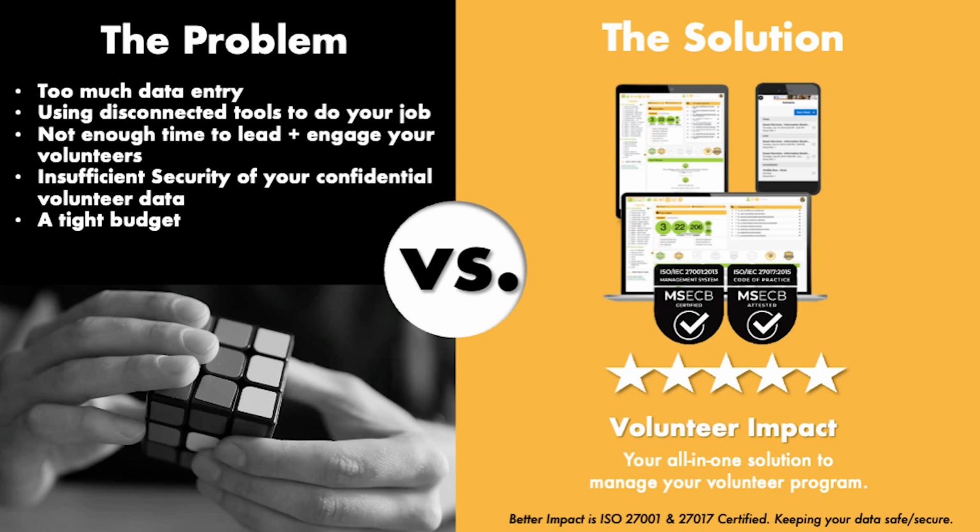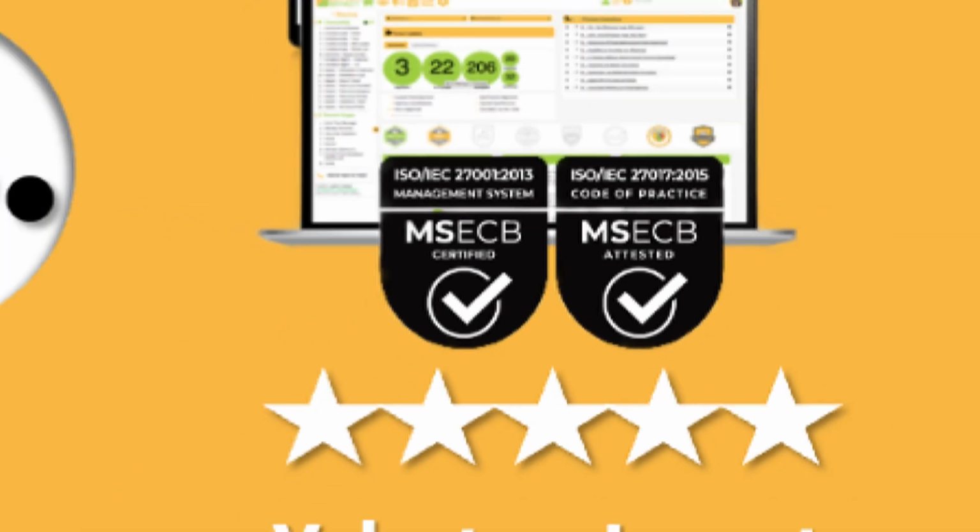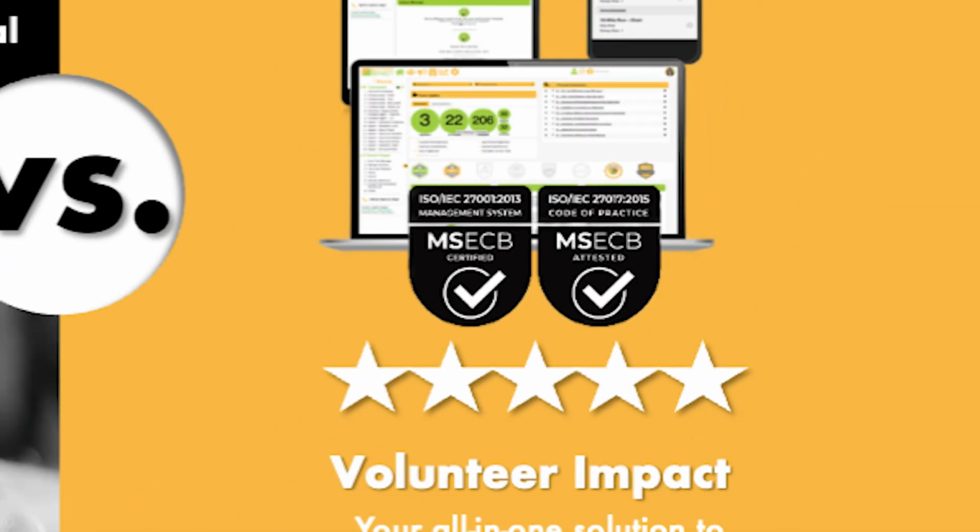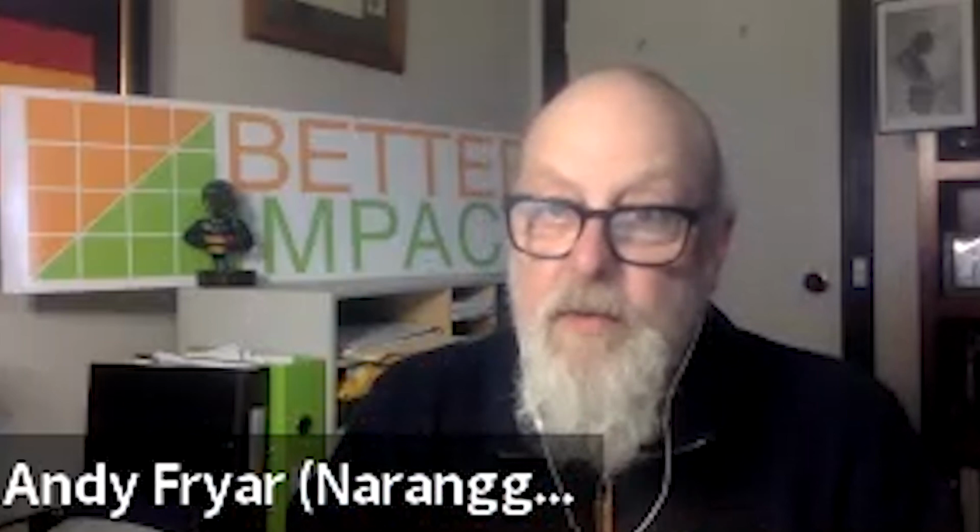So we believe that we have a solution that answers all of those. It brings all of the database into one place, and in particular I wanted to talk about those two little black icons on the right hand side. They let you know that we have our ISO standards 27001 and 27013, which in and of themselves may not mean very much, but they are the highest levels of certification and accreditation that you can have for the security and safety of confidential data anywhere in the world.